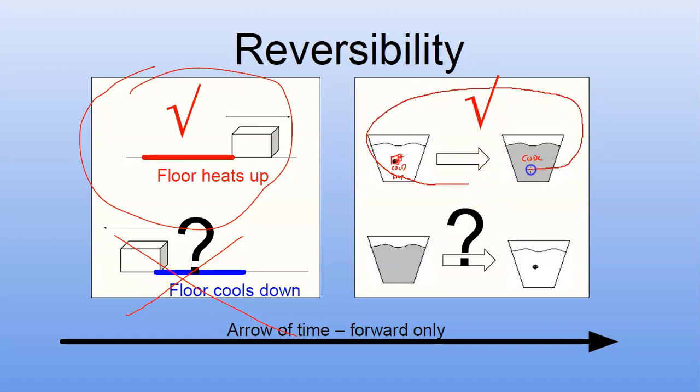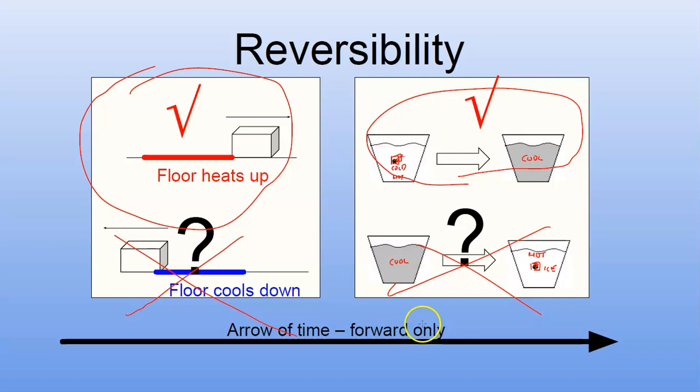We do that all the time. But this I've never seen happen. If you have a glass of cool water and all of a sudden almost all the water heats up except some of it turns into an ice cube, that doesn't make any sense. It's not a reversible process.